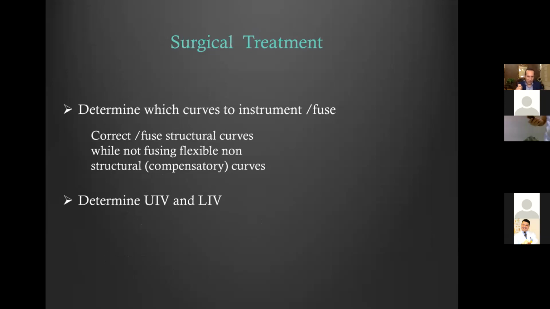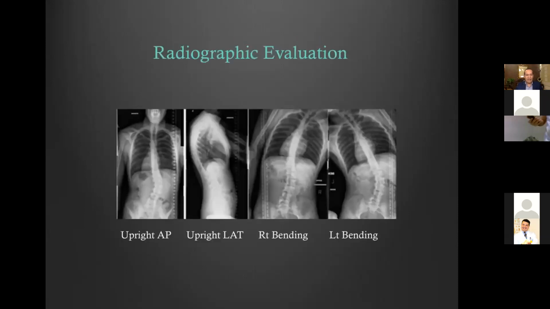This is a very important point. And the second important point is where to fuse, so where to start and where to end. Because if you don't choose a good starting point and end point for the instrumented vertebrae, you will have adding-on, so we will again have deformity and scoliosis.